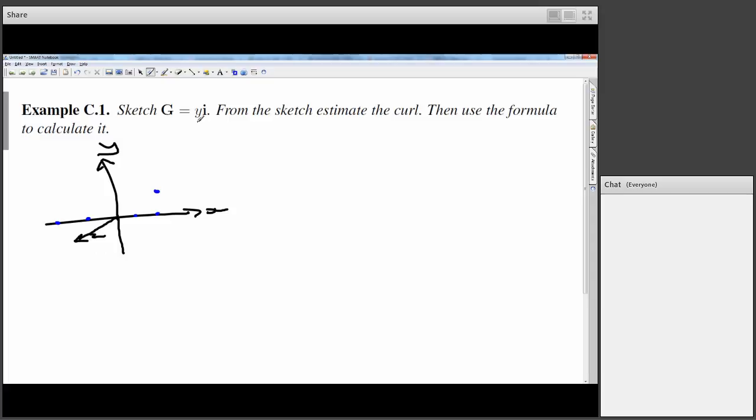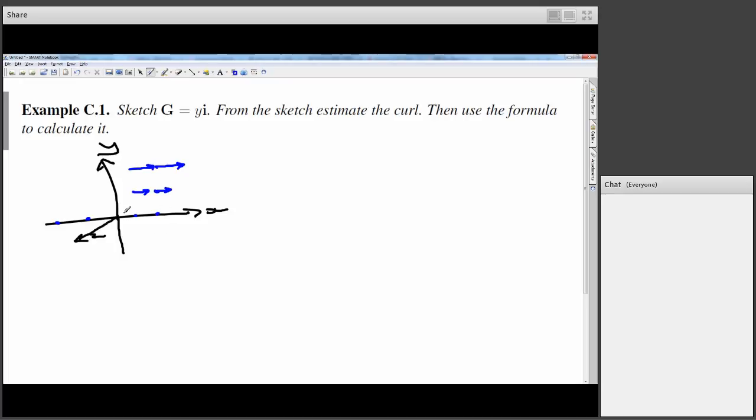Then if you plug it in this formula, the only thing that makes sense is you get y equals 1, and so it's y in the i direction, which means the positive x-axis. So you get a little arrow pointing that way. And if you plugged in x equals 1, y equals 1, you get a similar vector pointing that way. Whereas if you go up to x equals 2, y equals 2, subbing in this formula, you get 2i, so it's a vector pointing in the direction of the x-axis, but twice as long as before.